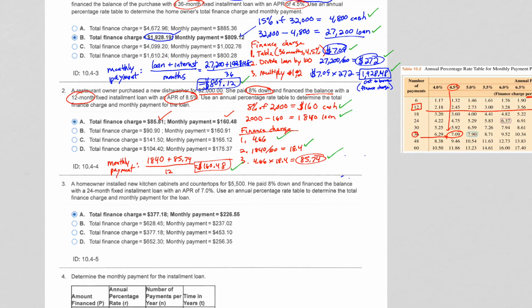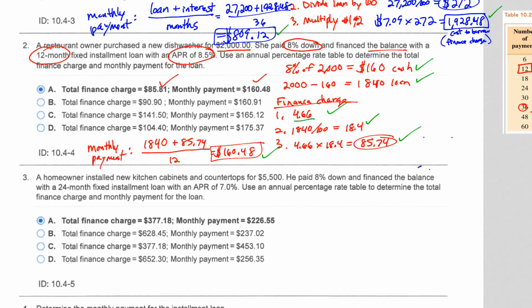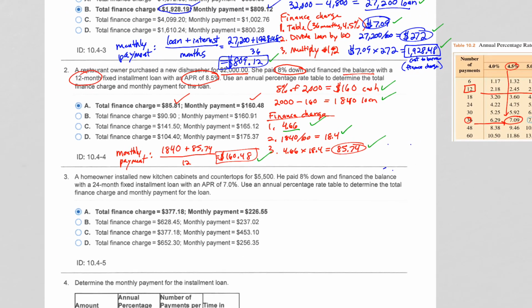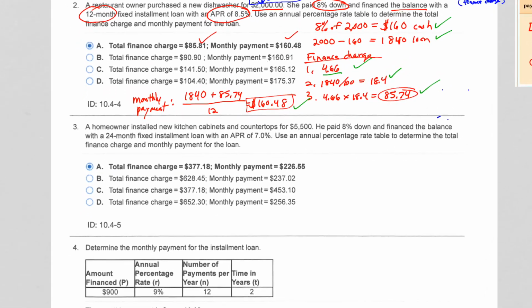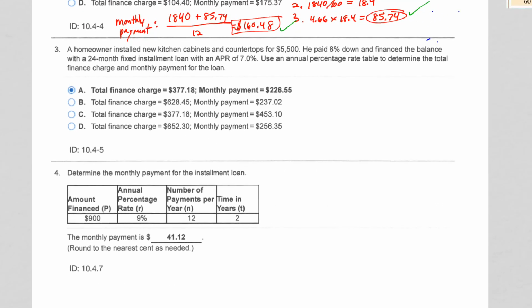So anyways, 5 math problems. This is just a table problem. Just look at the table. Okay, but pretty much 6 steps.